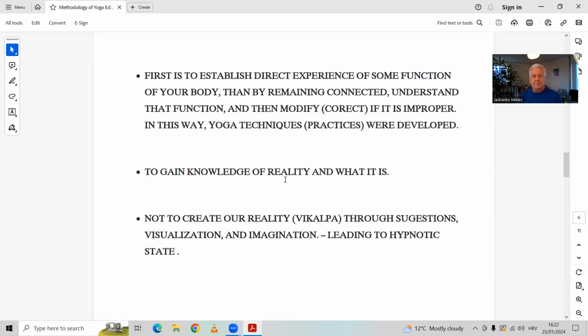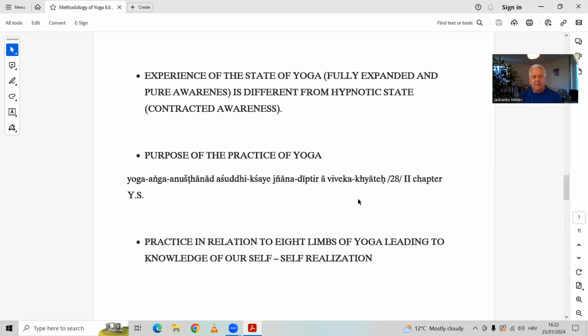It can be beautiful imaginations, beautiful visualizations, and everything, but this is not giving you insight into the true value of life. This is your own creation, which moves you further from the reality, leading you to the hypnotic state.